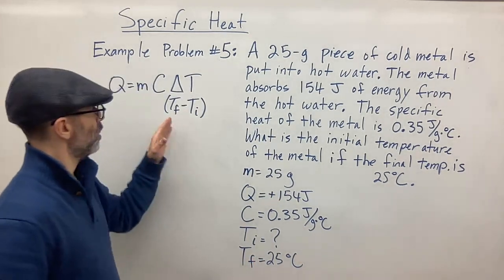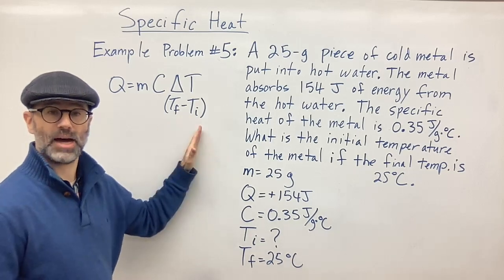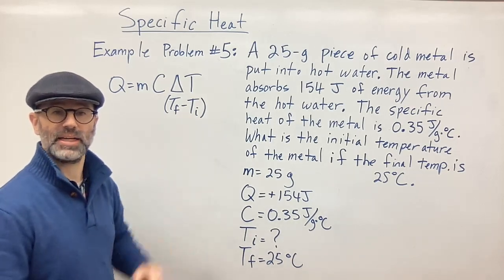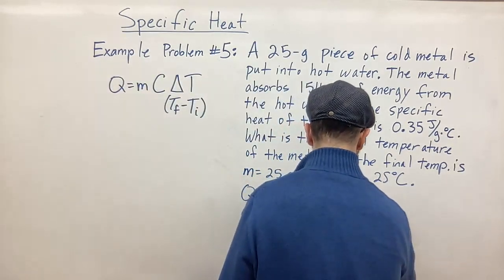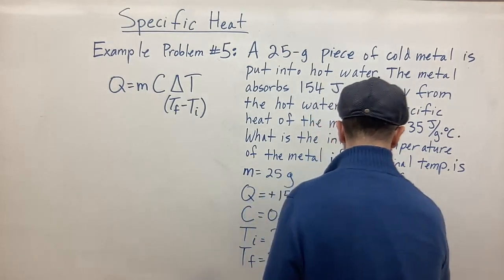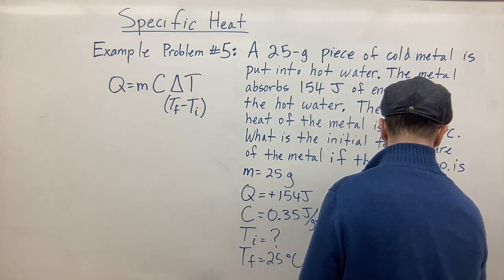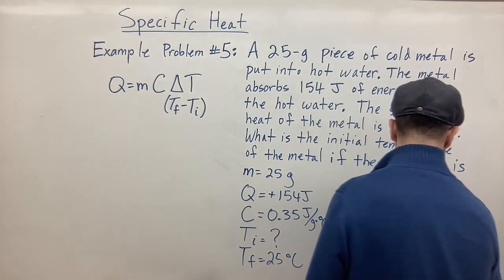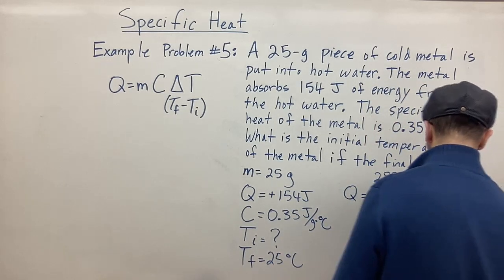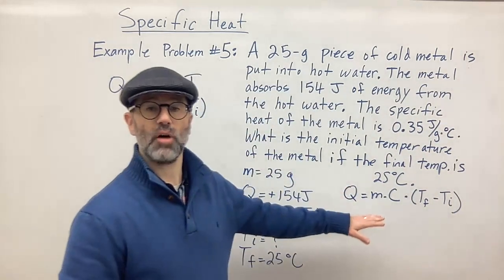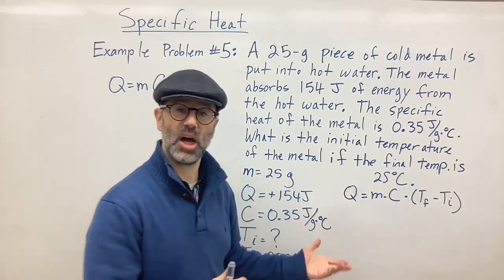In this case, we're going to have to write our equation with the T final minus the T initial written out so we can solve for the initial temperature. So we're going to use Q is equal to the mass times the specific heat capacity multiplied by T final minus T initial. Again, you can solve for the variable first and then plug your values in, or you can plug your values in first and then solve.